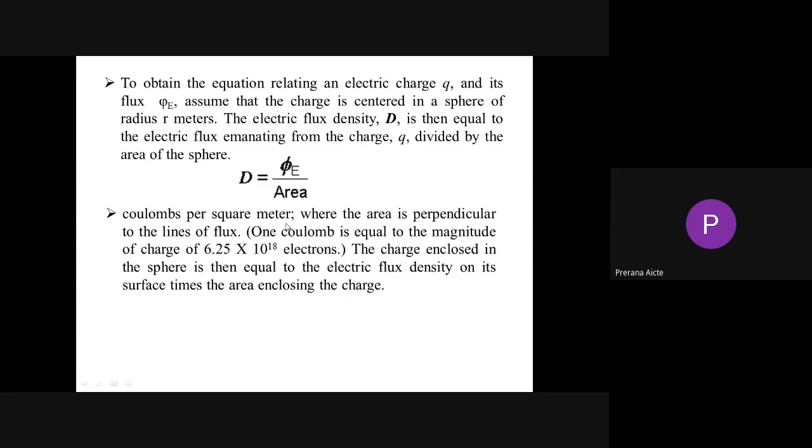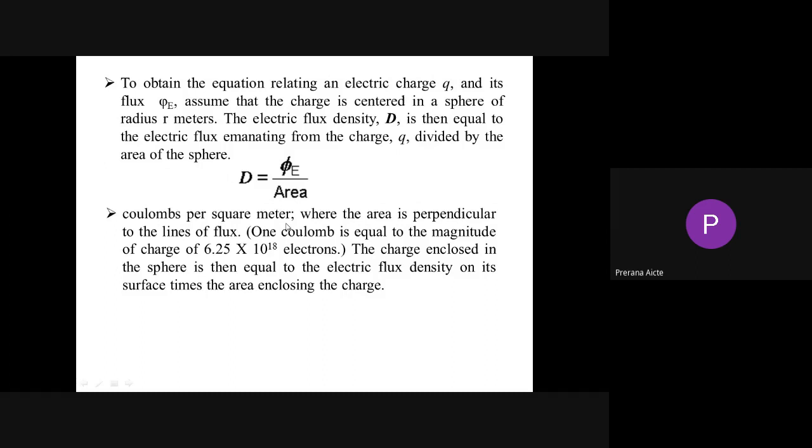Here, 1 coulomb is the magnitude of charge of 6.25 times 10 to the power of 18 electrons. Actually, the charge of an electron is 1.6 times 10 to the power of minus 19 coulombs.